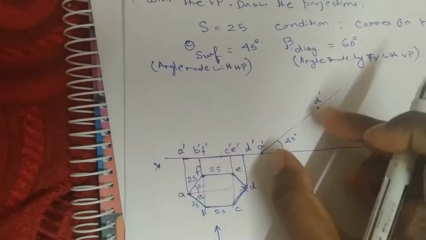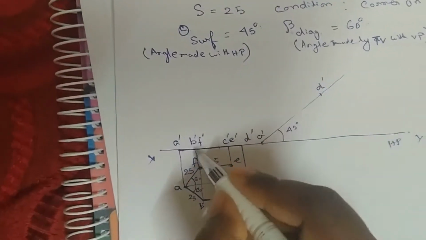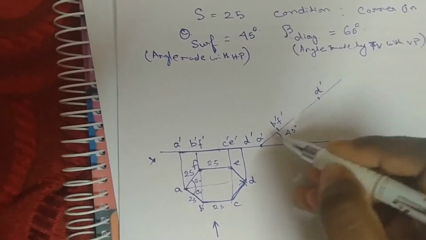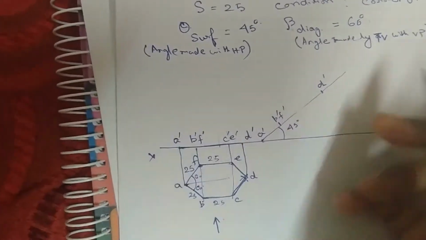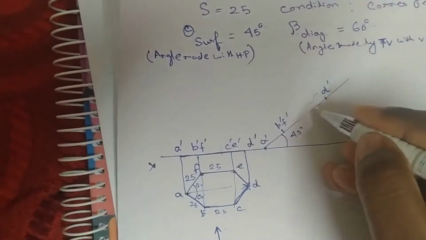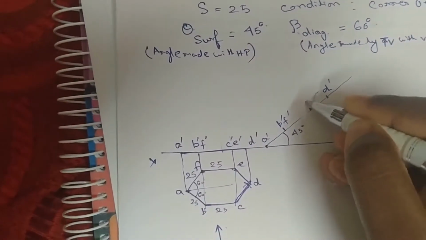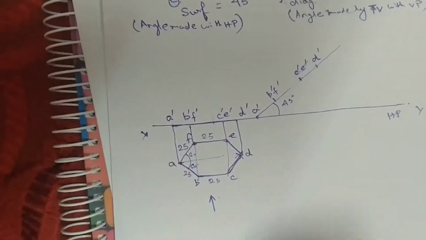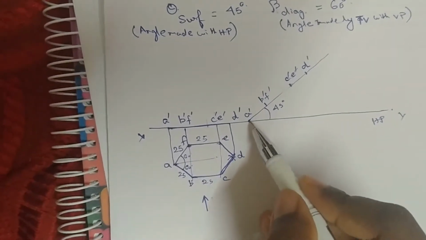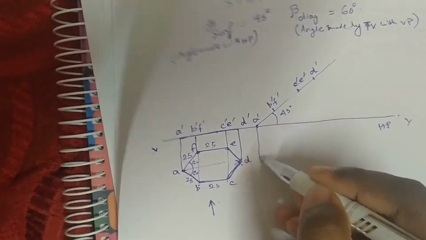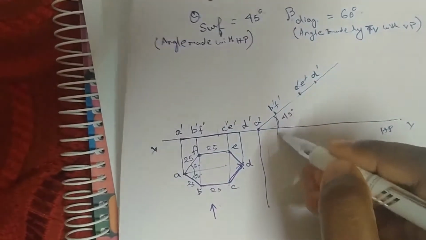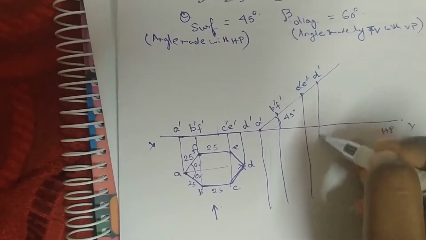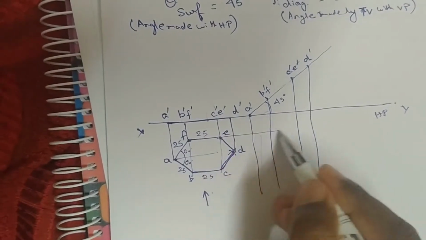From here we will get this length. B dash also we will get with the help of our divider, and C dash also we are going to get like that. After that we are going to extend this from the front view as well as the top view.